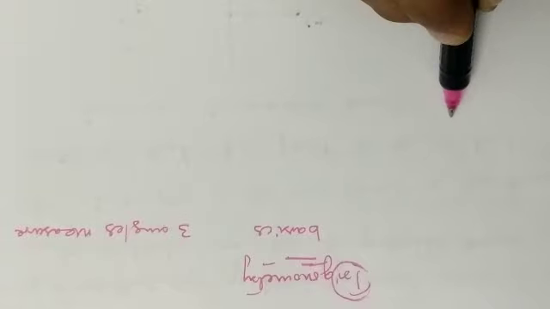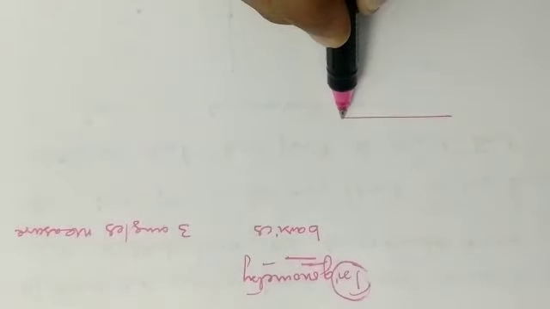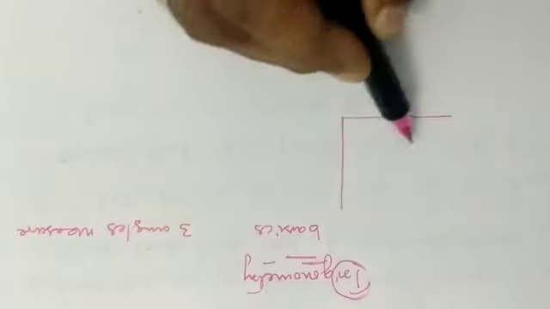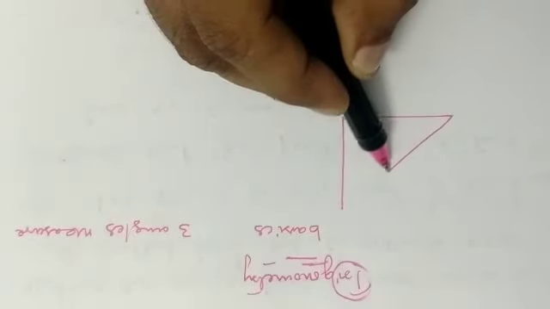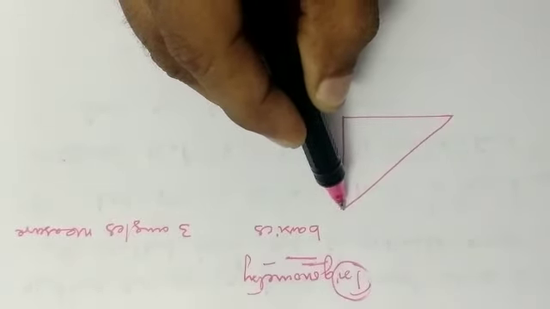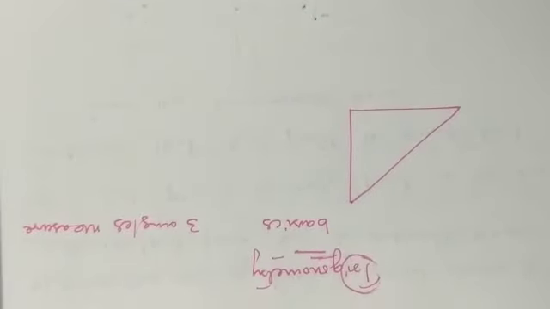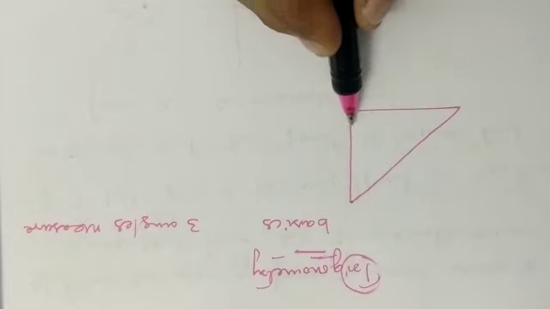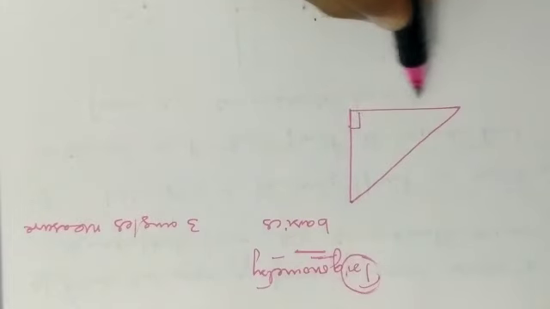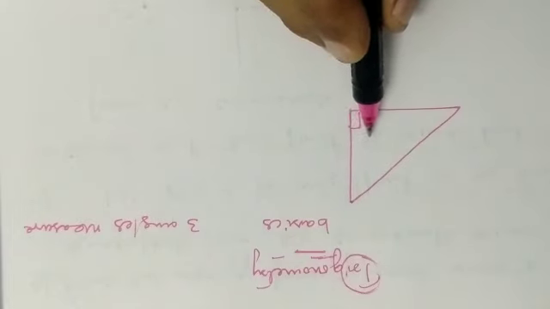So, trigonometry is based on a right-angled triangle. This is a right-angled triangle. One of the angles is 90, so this is a right-angled triangle.